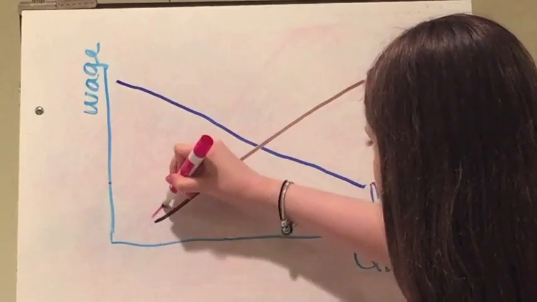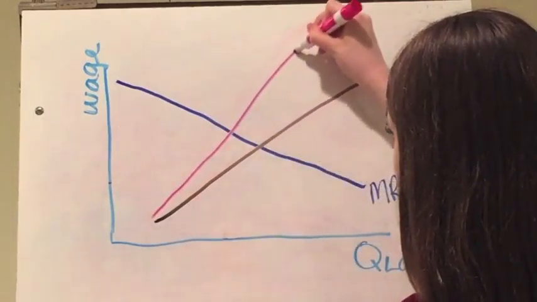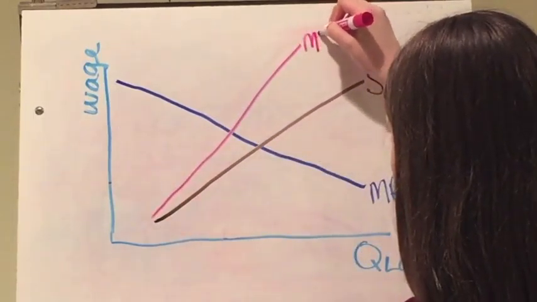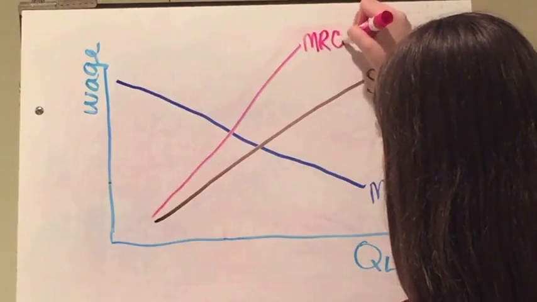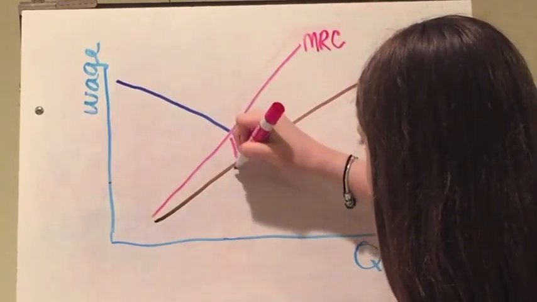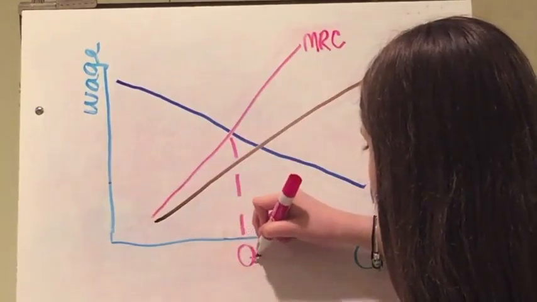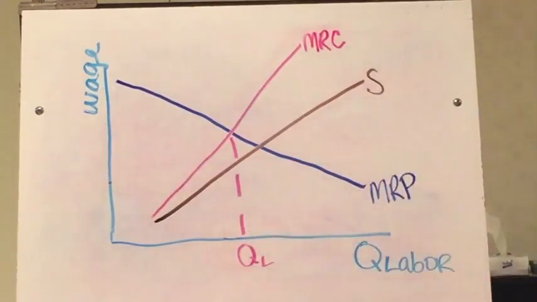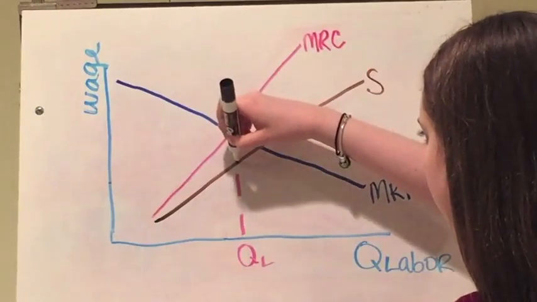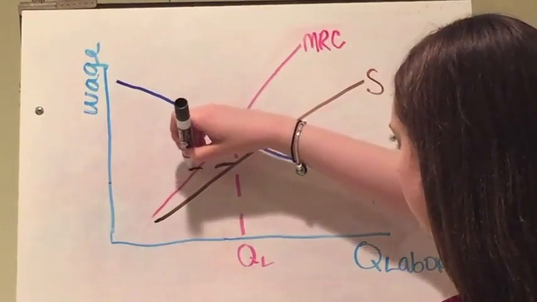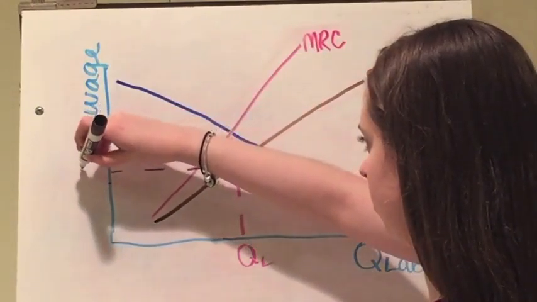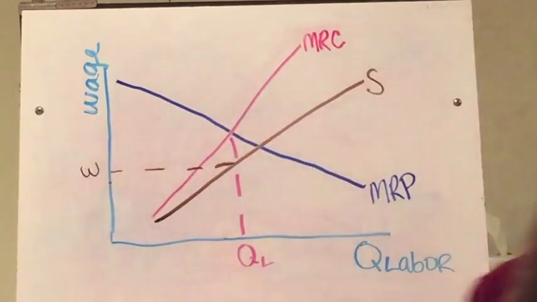In other words, the MRC does not equal the wage rate. In a monopsony, the quantity of labor to maximize profit will still be determined by the intersection of the MRC equals MRP. However, unlike in a perfect competition market, the price will be determined by the supply curve at that quantity.